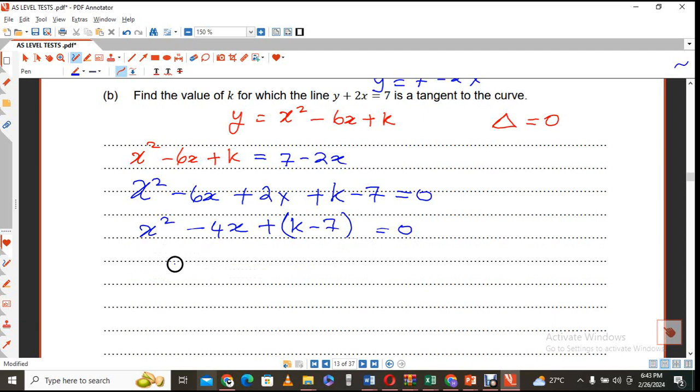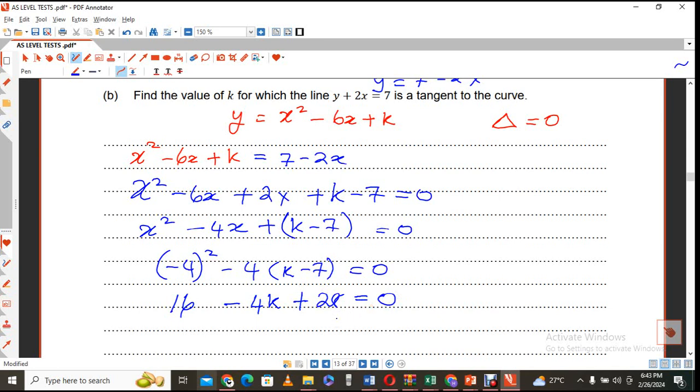So now looking at the discriminant, that is -4 squared minus 4 times 1 times k minus 7, that should equal 0. That is 16, you have minus 4k and plus 28 is equal to 0.